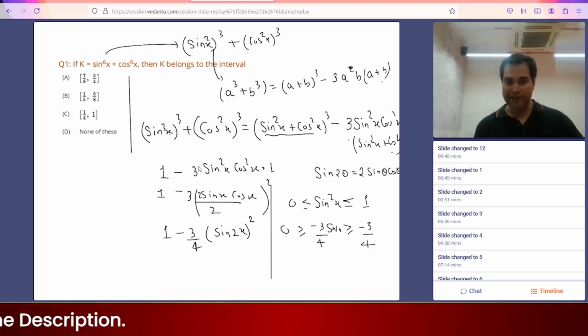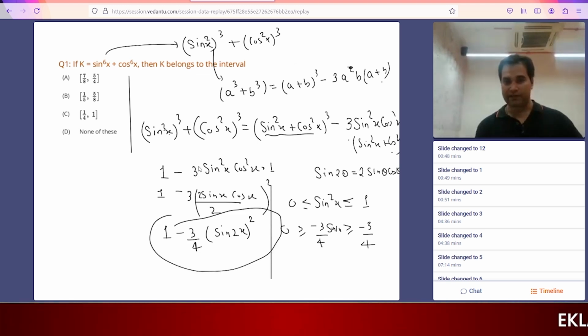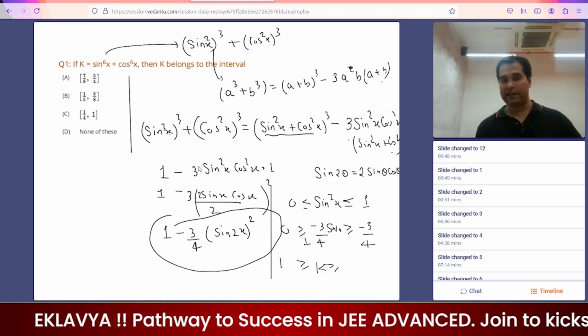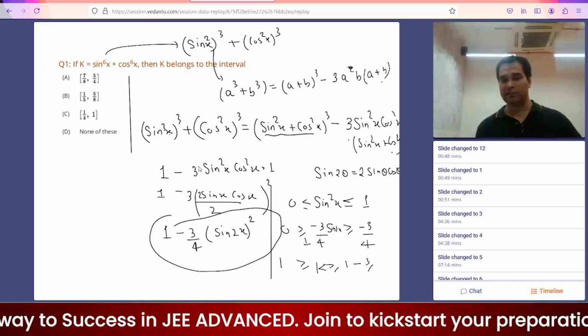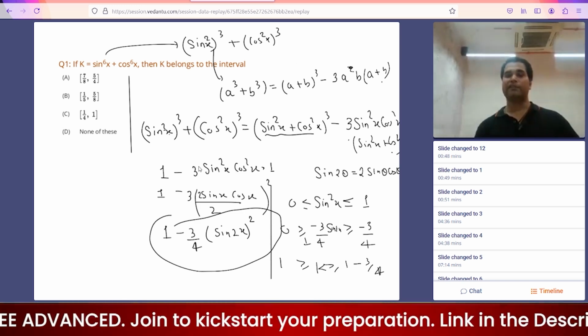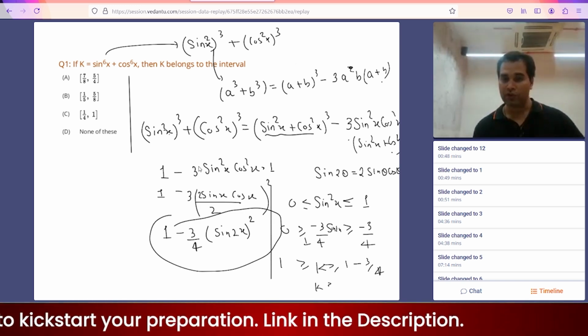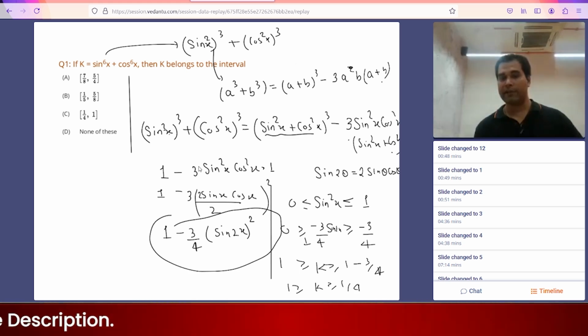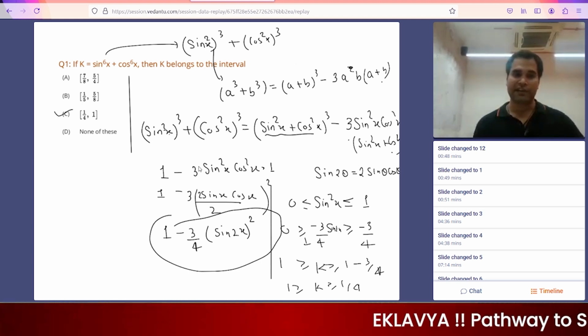When 1 is added to both sides, this is formed as k and 1, and again when added here, 1 minus 3 by 4 is simplified. 4 minus 3 means 1 by 4 less than or equal to 1. Here C option is the correct answer.